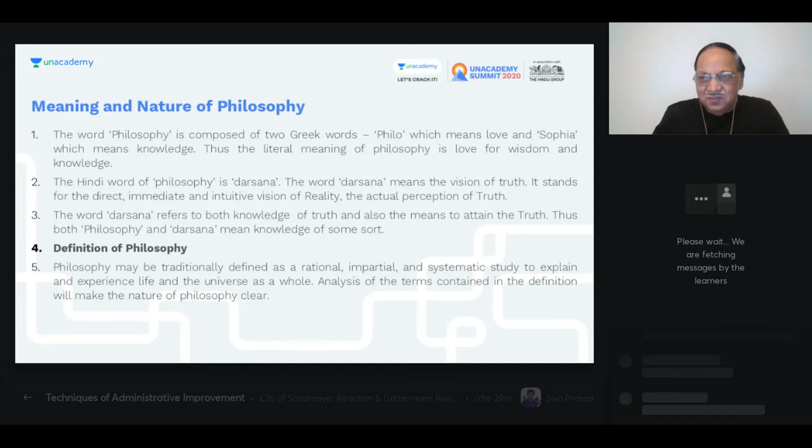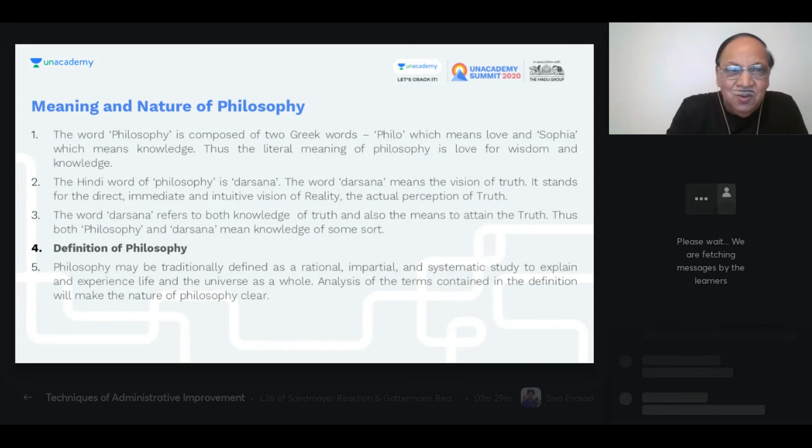What is philosophy? What are the contents of philosophy, which I have already told you and you have seen. These are the contents you are going to study in the syllabus. They are very interesting themselves, but you must know what philosophy is.